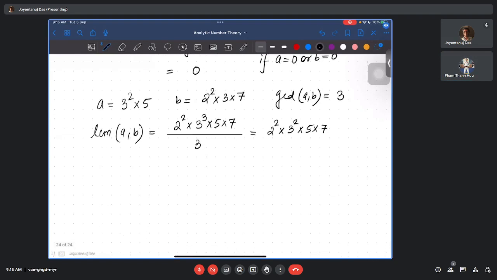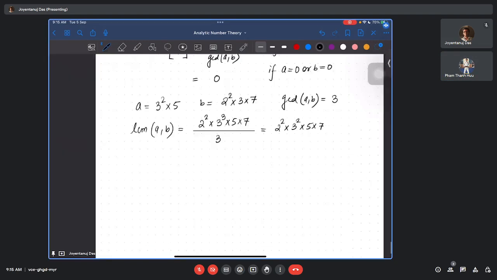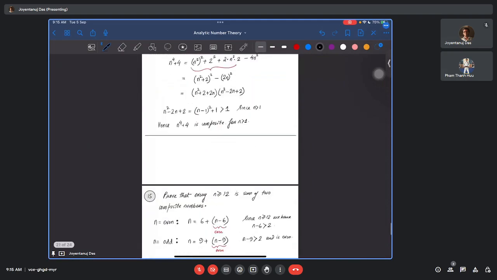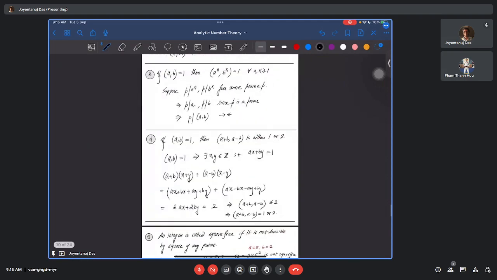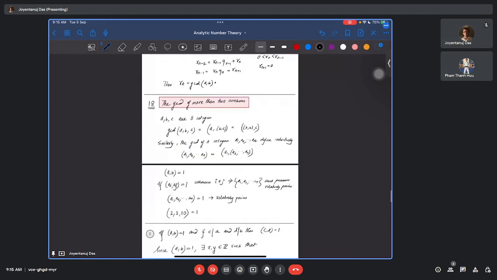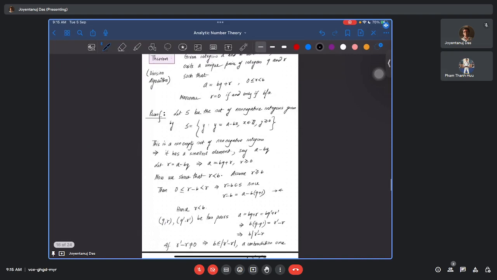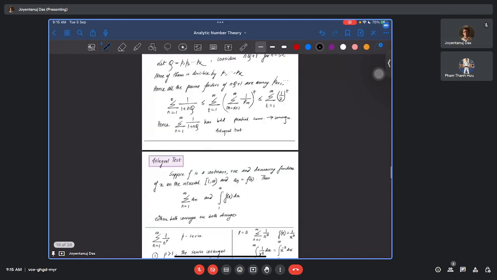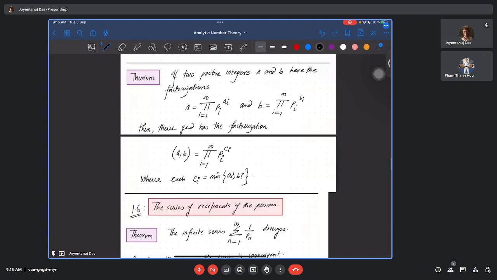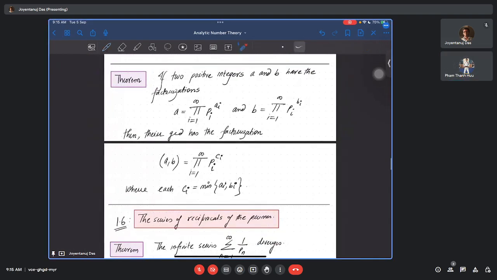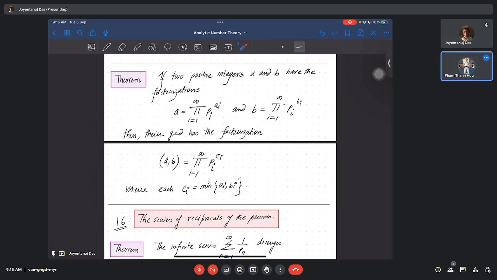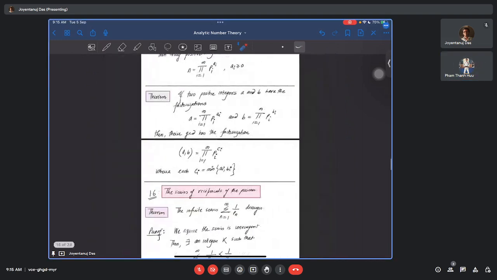So the following property: if you remember, in case of GCD, we defined it as the minimum of the exponents, right? If this is the prime factorization of A and this is the prime factorization of B, then the GCD is the minimum of ai and bi, right? So similarly, we have an expression for LCM.